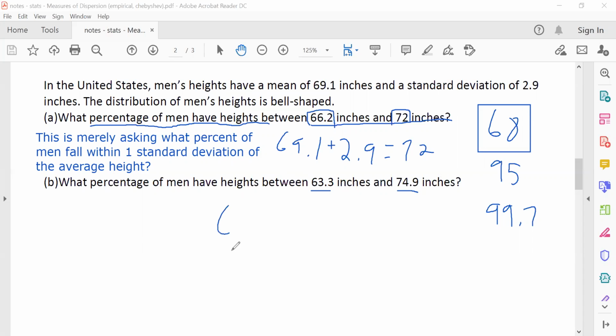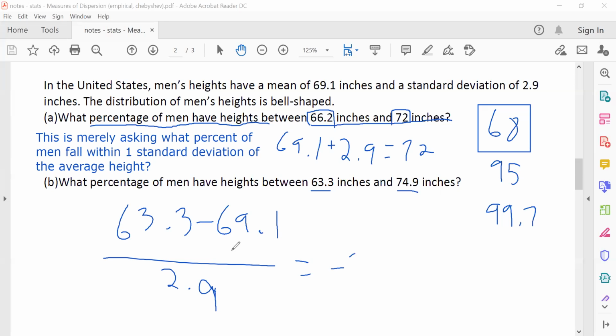If you take 69.1, subtract it from the realized value, and then divide by the standard deviation, that tells you how many standard deviations away from the mean it is. And since it's -2, it's 2 standard deviations below the mean. So 63.3 is 2 standard deviations below the mean.